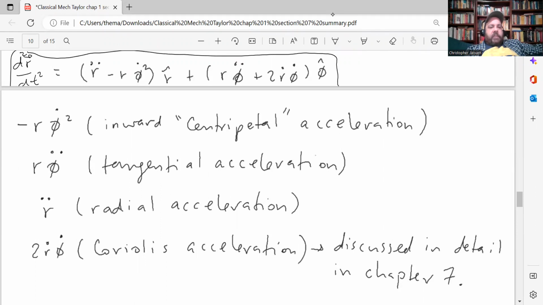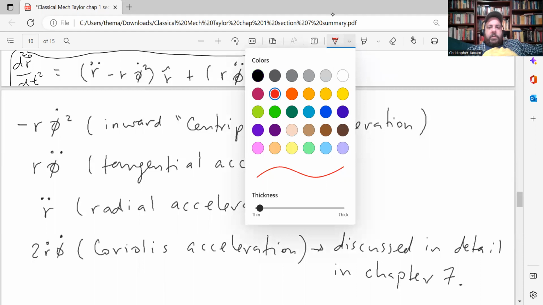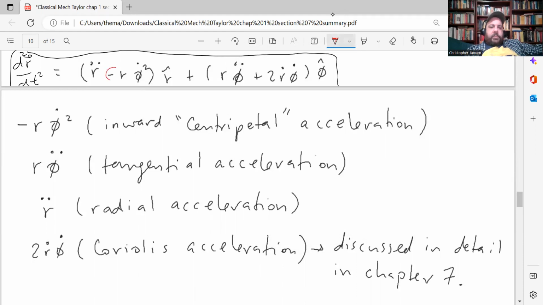The part negative r phi dot squared, let me change the color of my marker here. That's this part. Notice this is part of the component in the radial direction. This represents the inward centripetal acceleration.